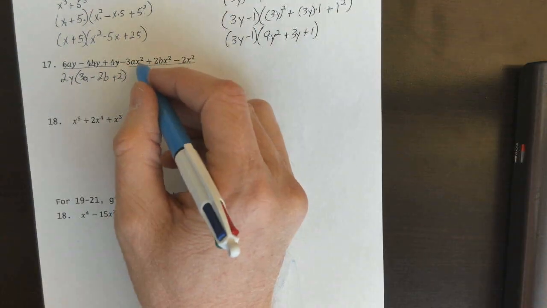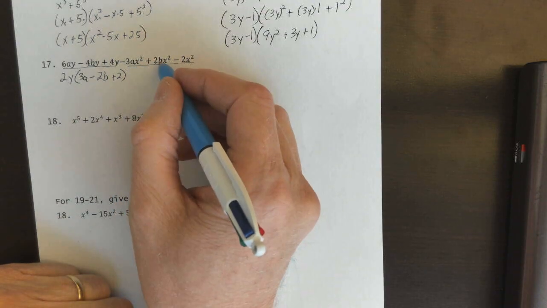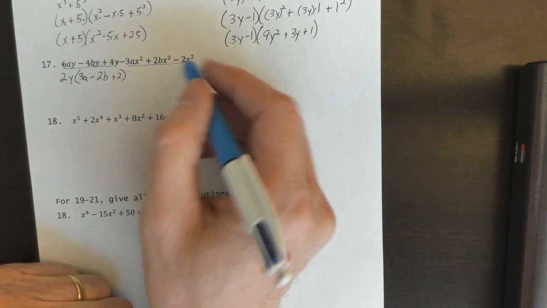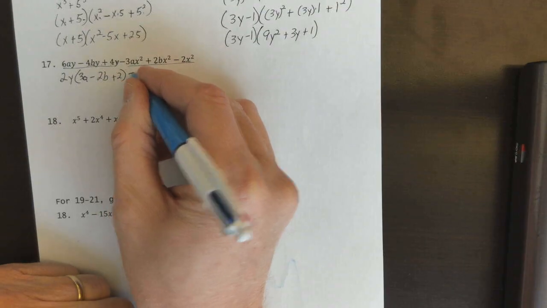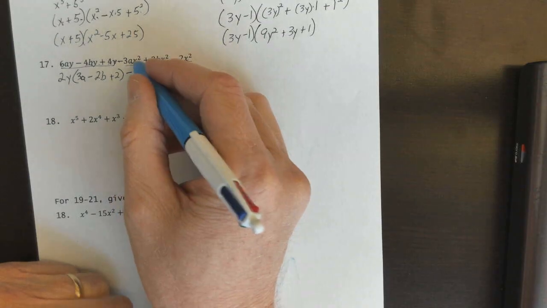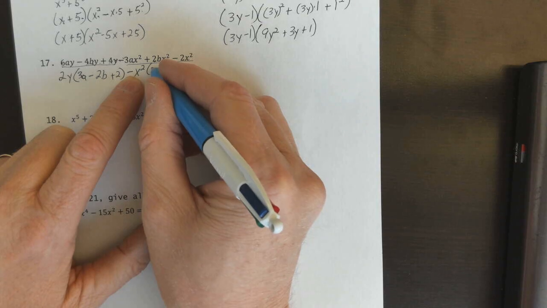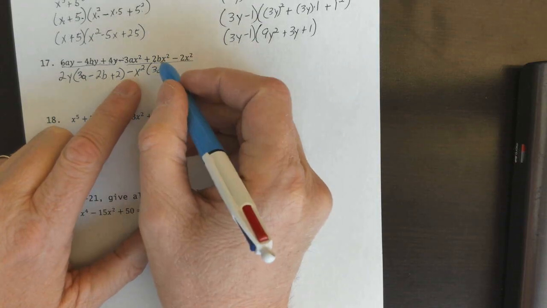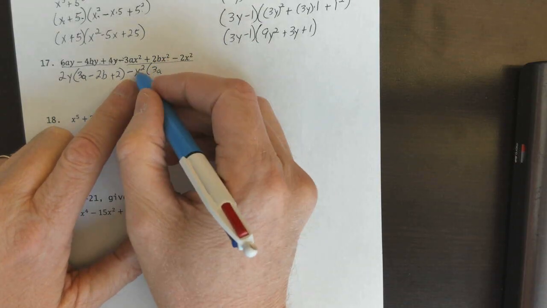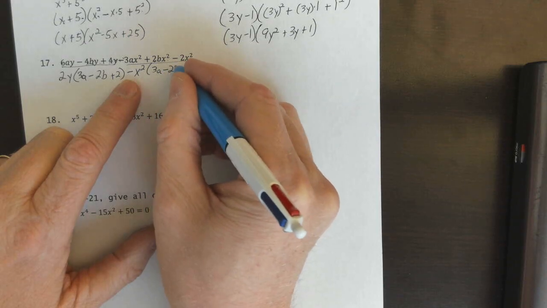Now this has 3a, this doesn't have 3, this doesn't have an a, it does have x squared. X squared is in all 3. It's negative here, so I'm going to put a minus x squared. And negative 3a x squared divided by negative x squared is 3a. 2bx squared divided by negative x squared is negative 2b.